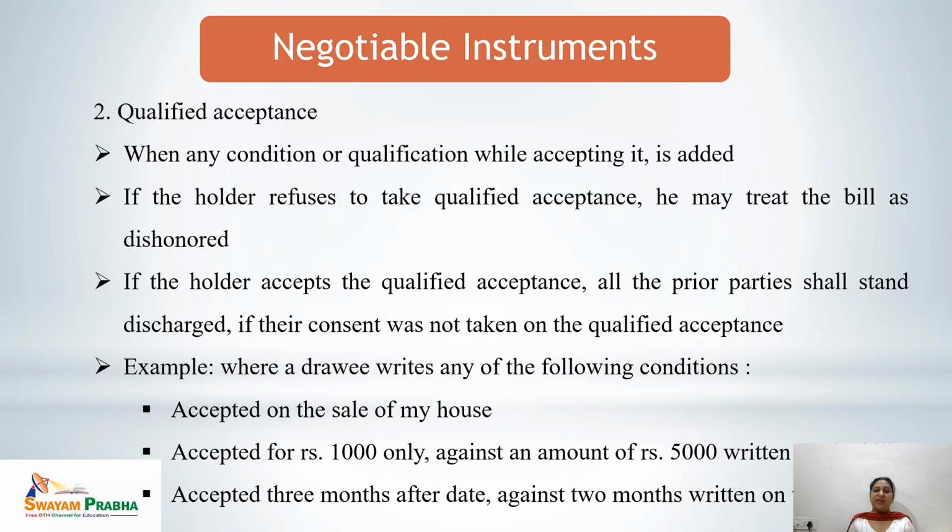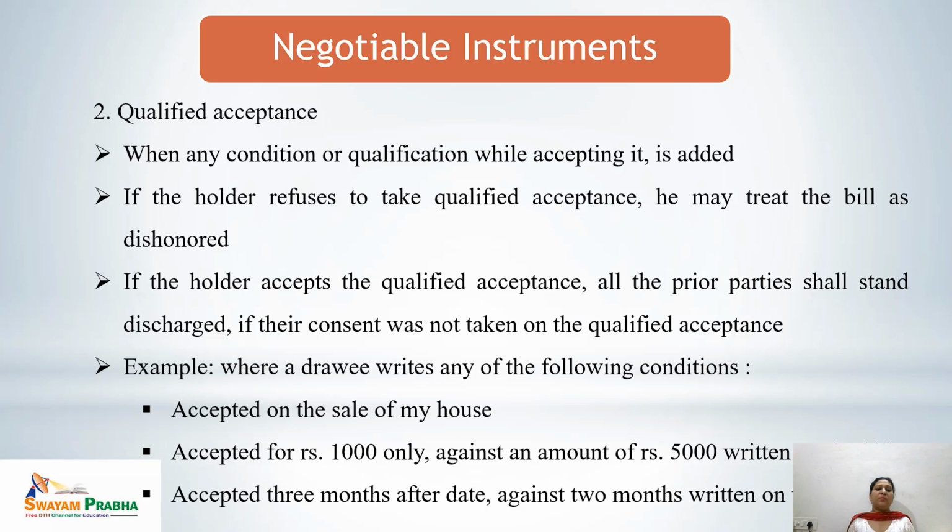If the holder accepts that condition, then all the parties shall stand discharged, and only the person who accepts the qualification would be liable to pay, if their consent was not taken on the qualified acceptance.